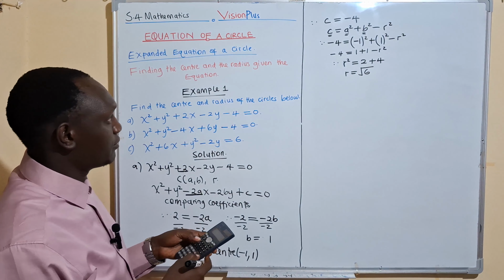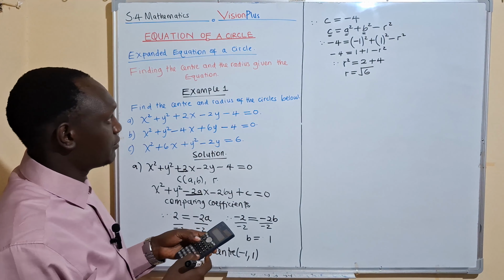So the center is negative 1, 1, and the radius is root of 6 units. And it is correct because if you try to prove, if you use this center and you use this radius, and then you find the expanded equation of a circle, you find this answer if your working is accurate. That is for part A.